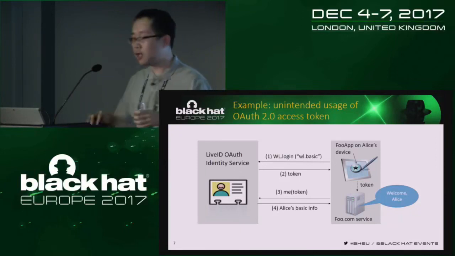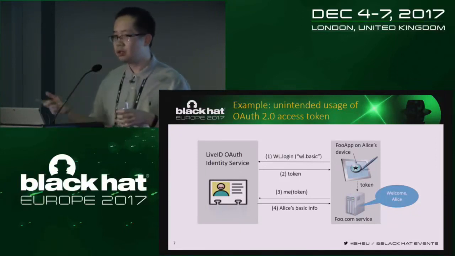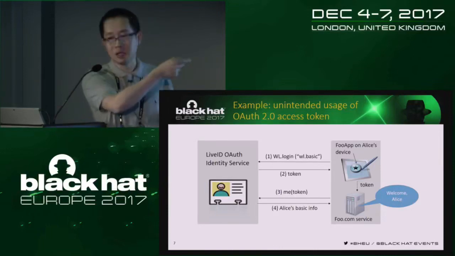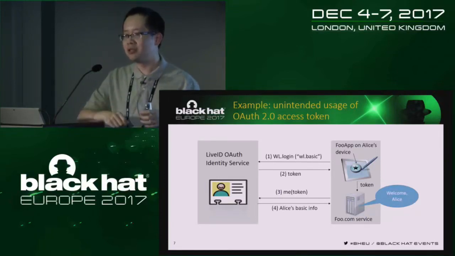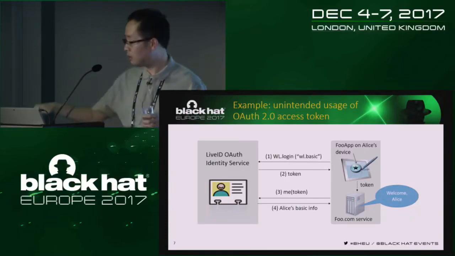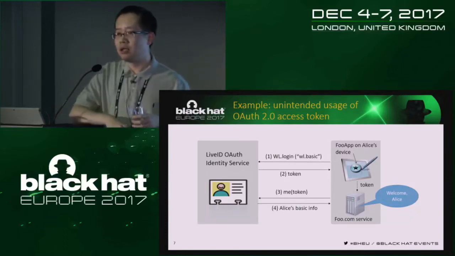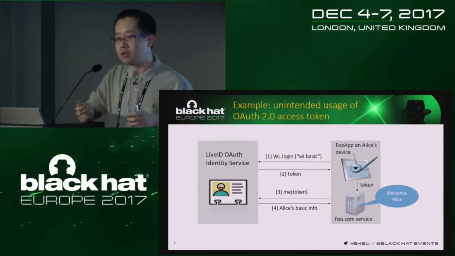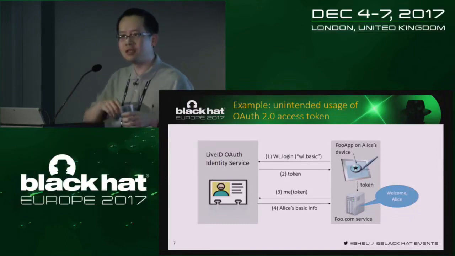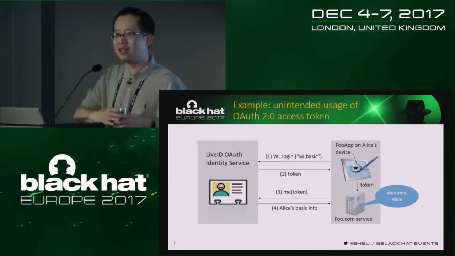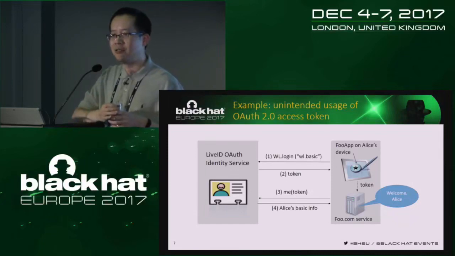This is actually a very good question, because the correct way to implement this scenario is to use the authorization code, which is tied to the application ID. But the access token is a more powerful thing. Once you get the access token, it's called a bearer token, and you can get the information. Did I answer your question, or maybe I can explain a little bit offline?